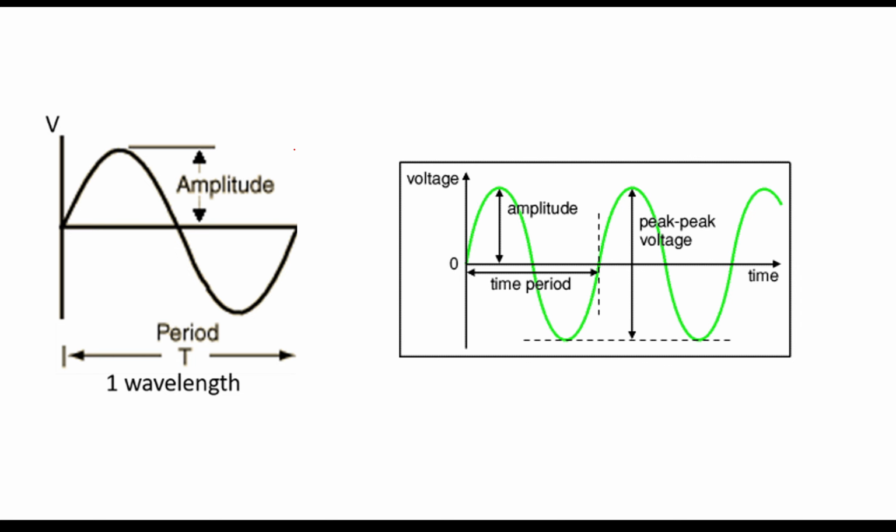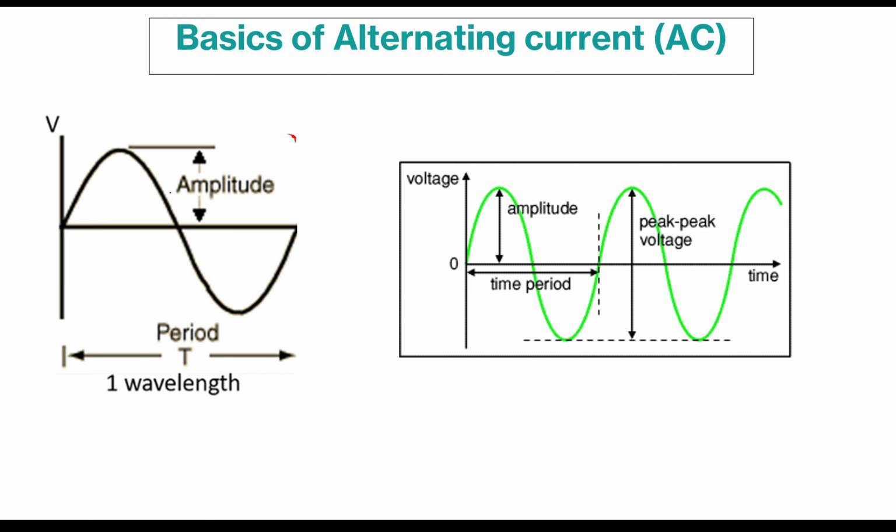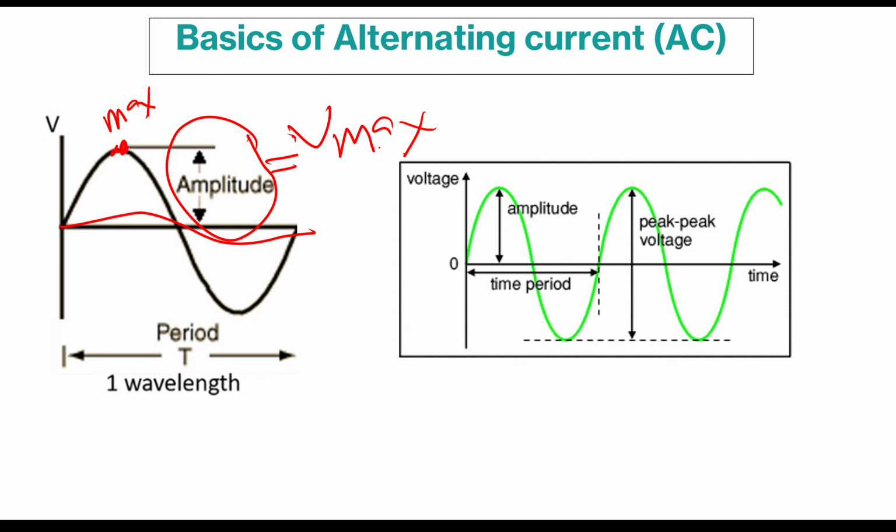Sometimes we use another word, which is basically the maxima of the wave. We say this is the amplitude of the wave. The amplitude of the wave is equal to the V maximum, if it is a voltage signal, from here to here.